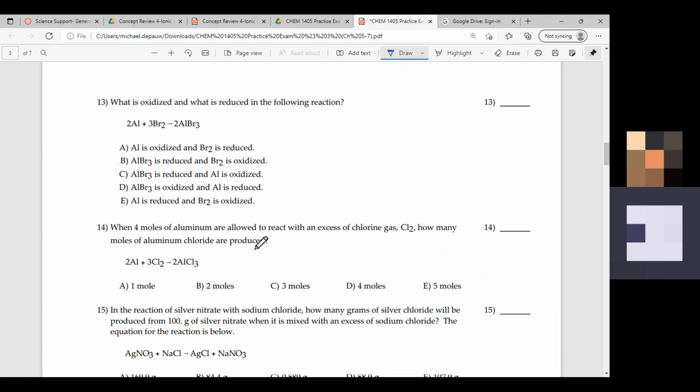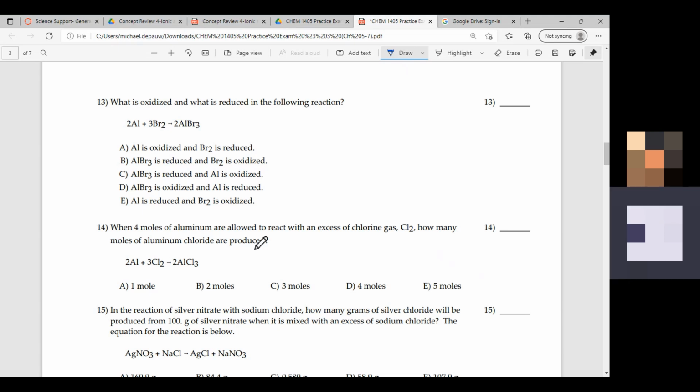So you can think of oxidation as an increase in charge and reduction as a decrease in charge. It becomes less positive or more negative. Does that make sense?